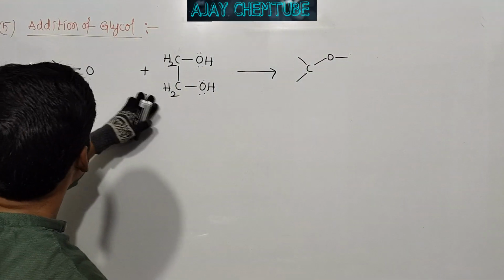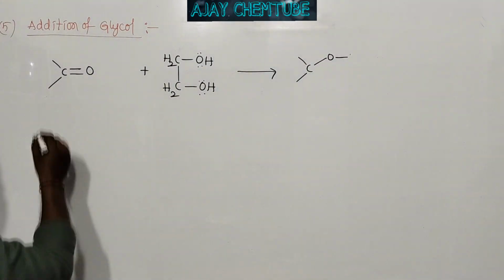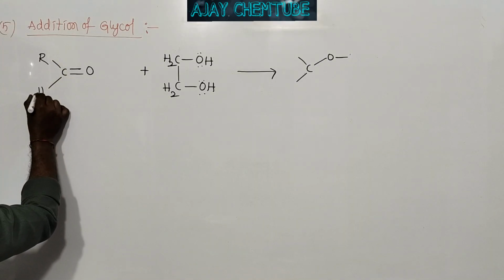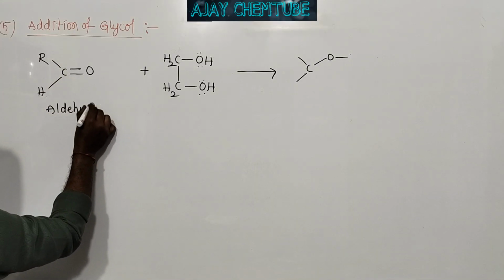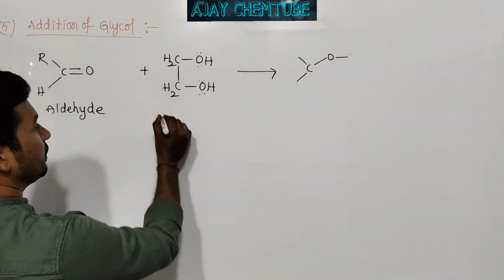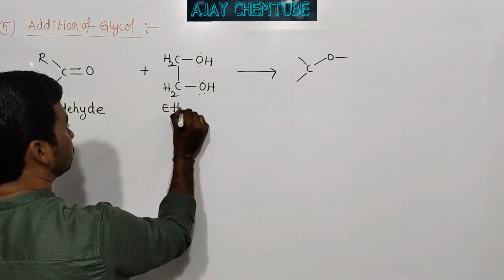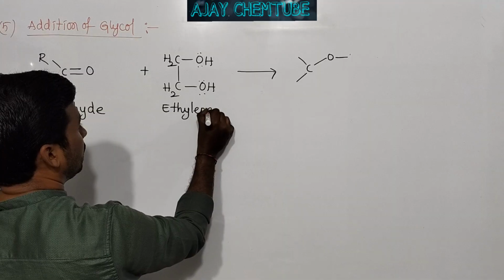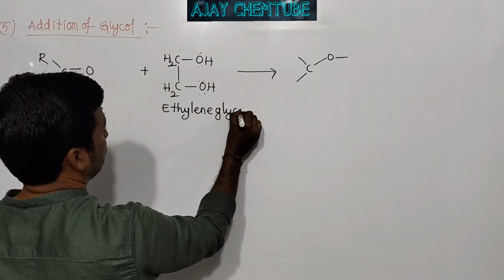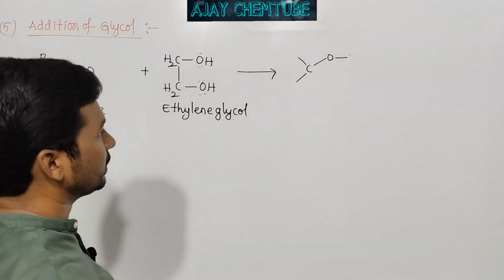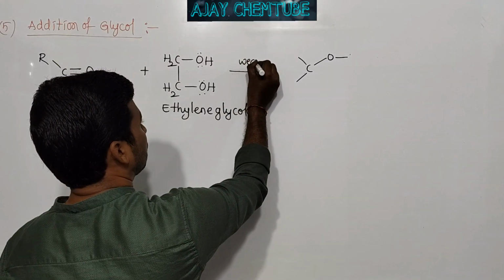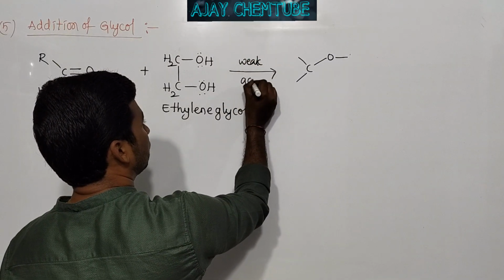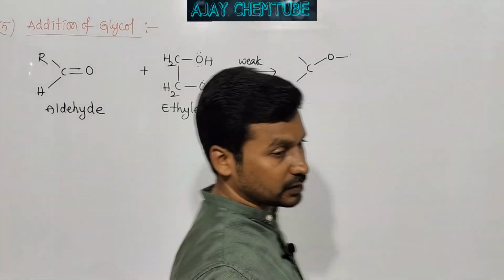I will write separately. I am taking aldehyde. Aldehyde means R here, H here, that will become aldehyde. This is what? Ethylene glycol, in presence of weak acid. The reaction will take place.